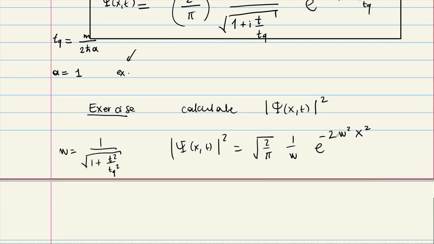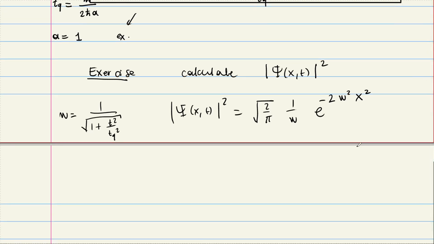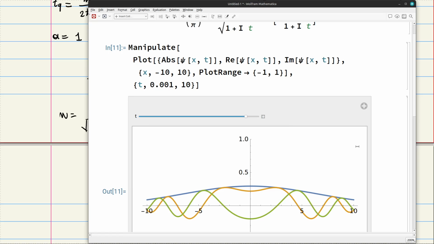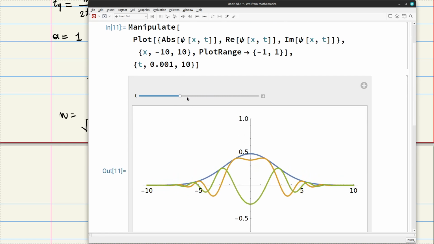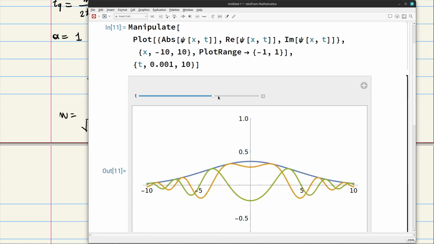And as you can see, w is the width of the Gaussian, and as t goes to infinity, the width is increasing, and as a result, the wave function is expanding. So this is x, this is position, and time, I am tuning the time here. If you want, I'm playing a movie for myself. Time is the third parameter.